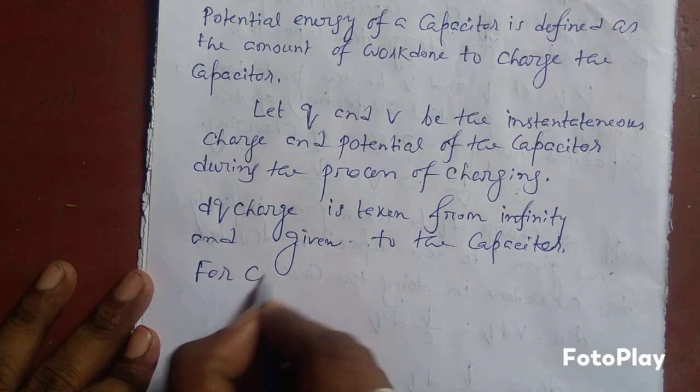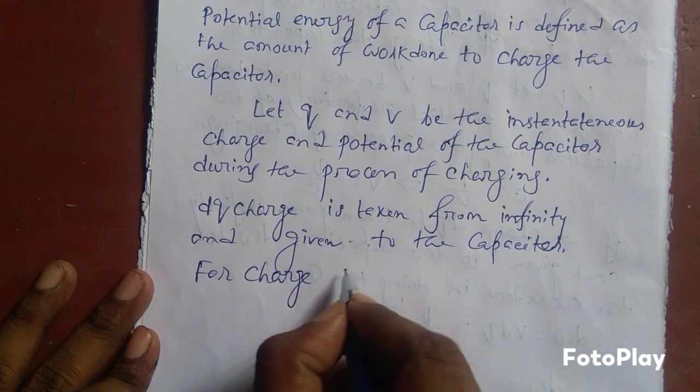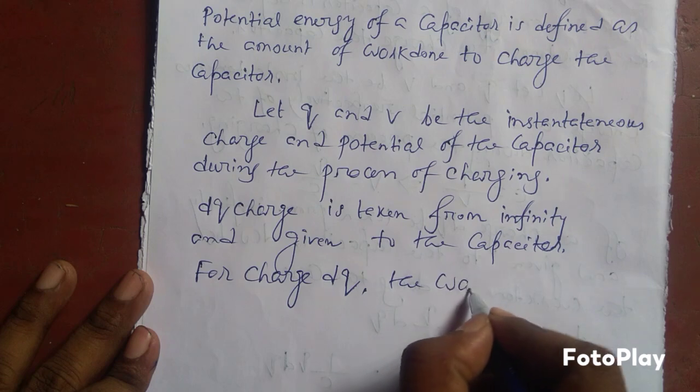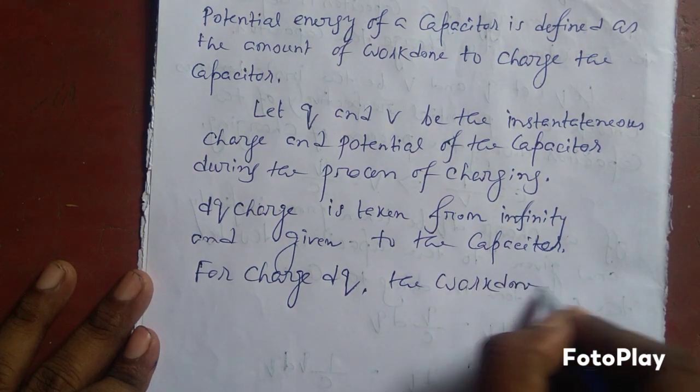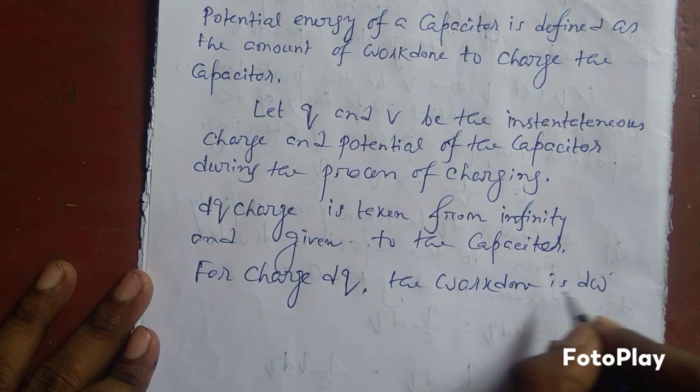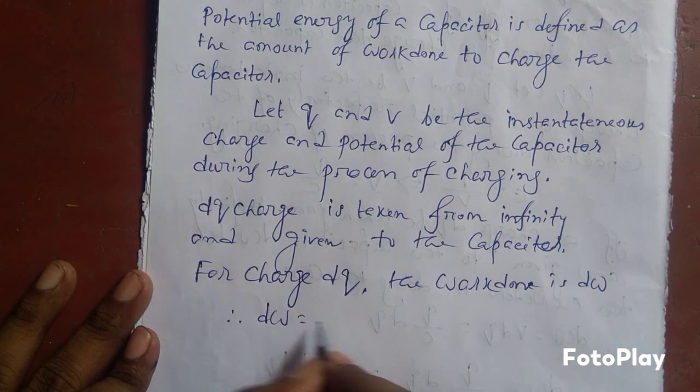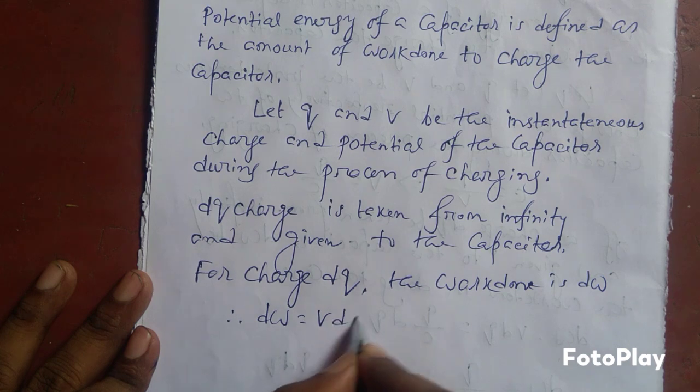For charge dq, the work done is dw. Hence dw equals V into dq.